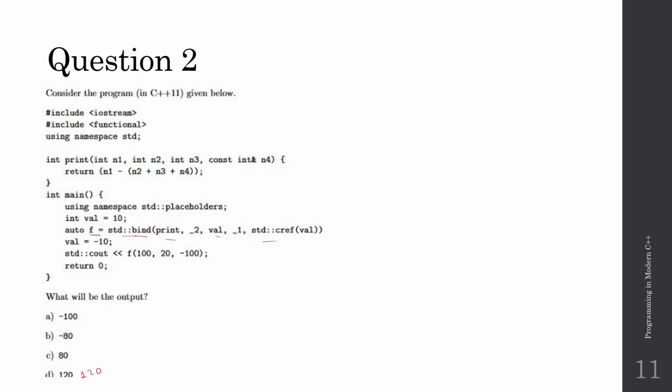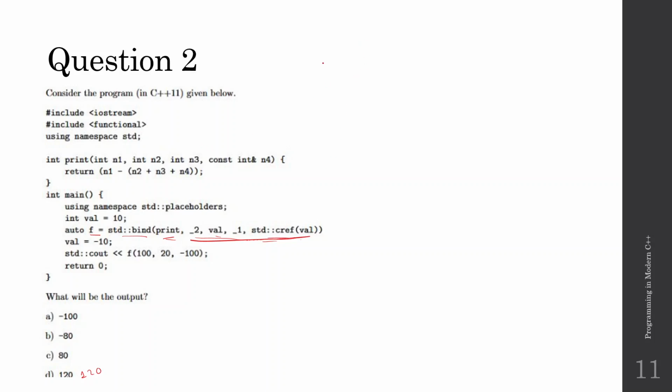So in your std bind, we are binding the print function with these arguments. The print function accepts four arguments, and we are giving four arguments here.